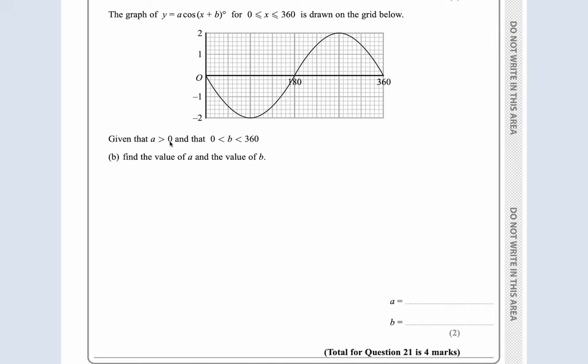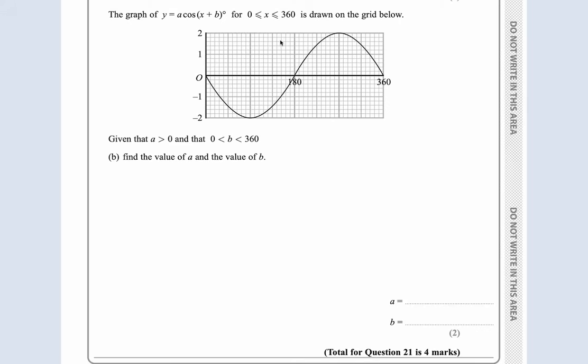The graph of y equals this is shown below. Given that a is bigger than 0 and b is between 0 and 360, find the value of a and the value of b. Okay, this, guys, is difficult. Okay, what are we going to do? Well, it's a cosine graph.